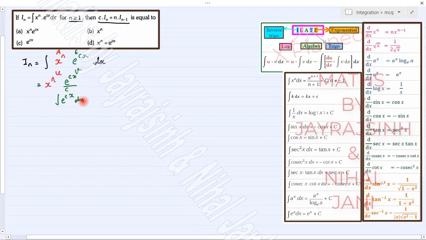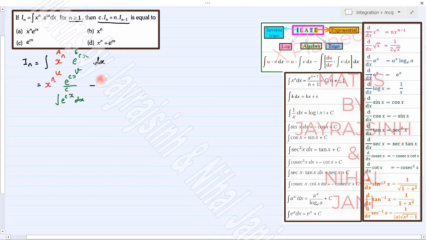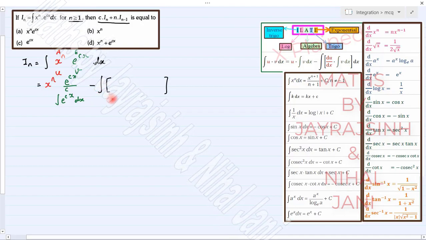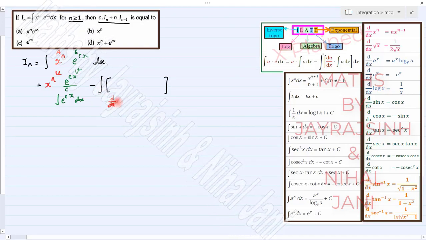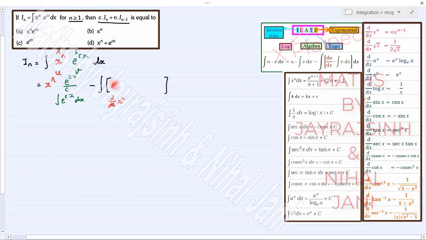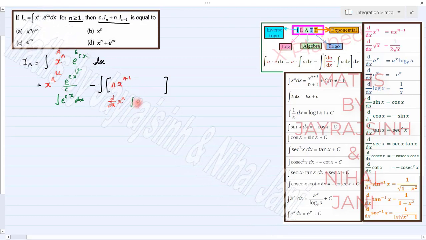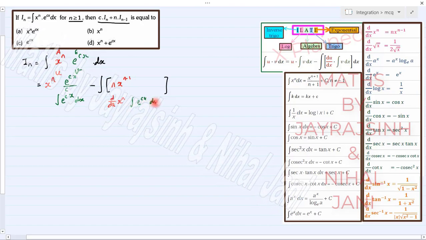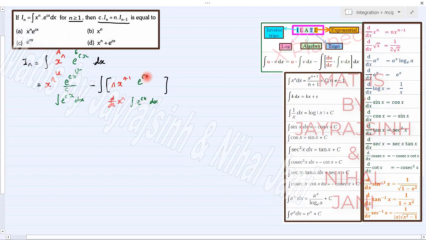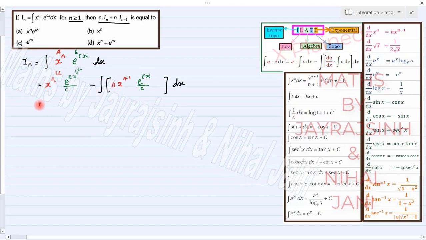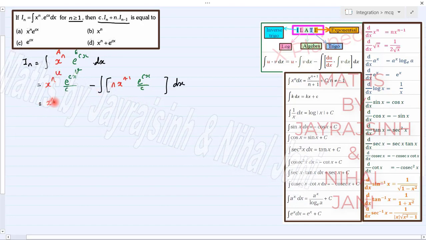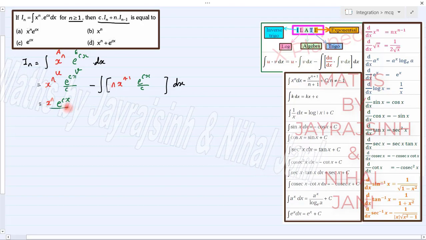Don't forget to divide by the coefficient of x. Minus integration of the product of the differentiation of your u, which is x raised to n, so it will be n into x raised to n minus 1, and the integration of e raised to cx, which is e raised to cx by c. Here, your first term will remain as it is.